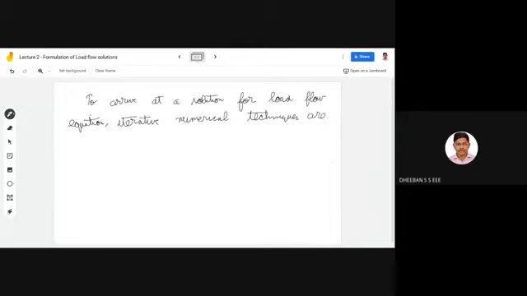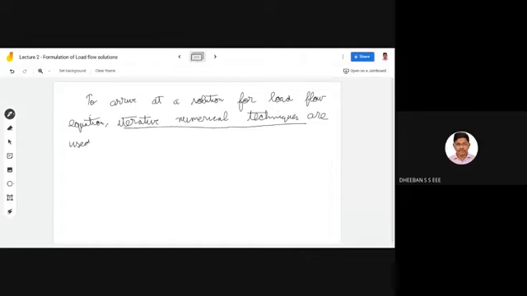I need not tell you about iterative numerical techniques. As you might have studied in your M3 paper, the entire paper revolves around such iterative methods only. So we'll be seeing what those iterative methods are.